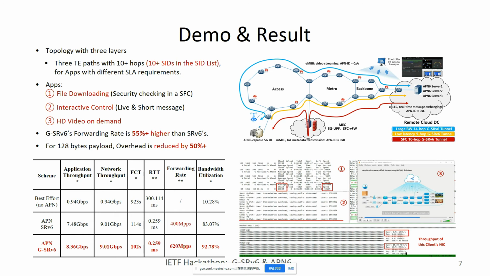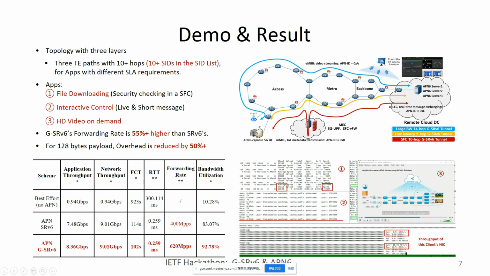That means there are above 10 SIDs in the SID list. The 3 applications are: first, file downloading with security checking in a service function chain. Second, interactive control, which uses short messages. Third, high-definition video on demand.